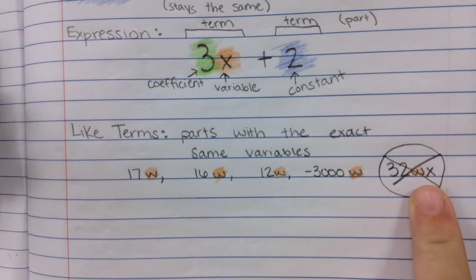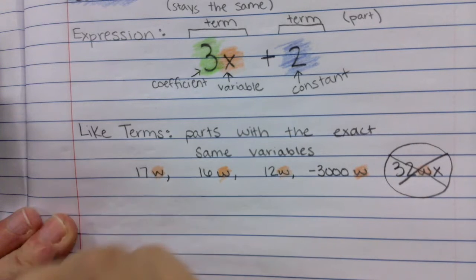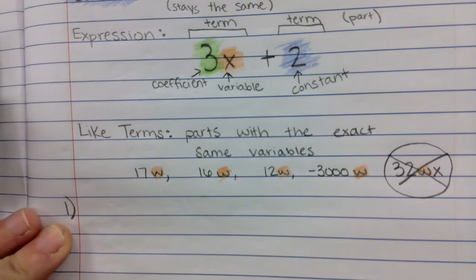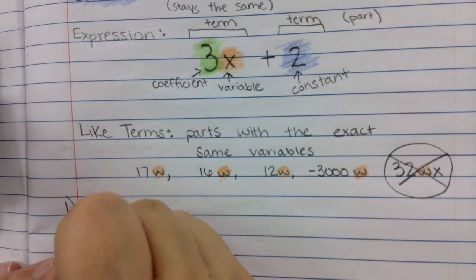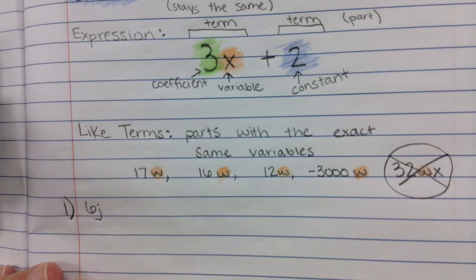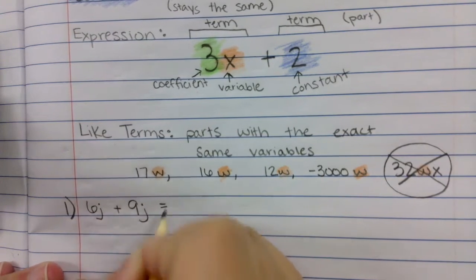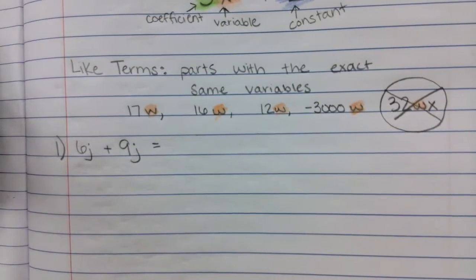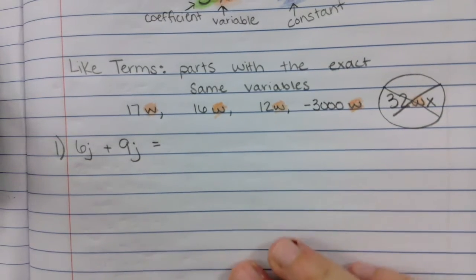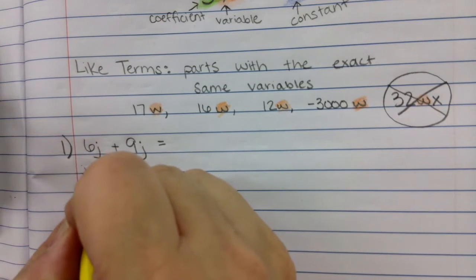Okay, when we combine like terms, we're going to add coefficients. So this is going to be our first example here. Example number 1. If I have 6J plus 9J. So one way we can think about that is if I literally have 6 J's. 6 times J means I have 1, 2, 3, 4, 5, 6 J's.